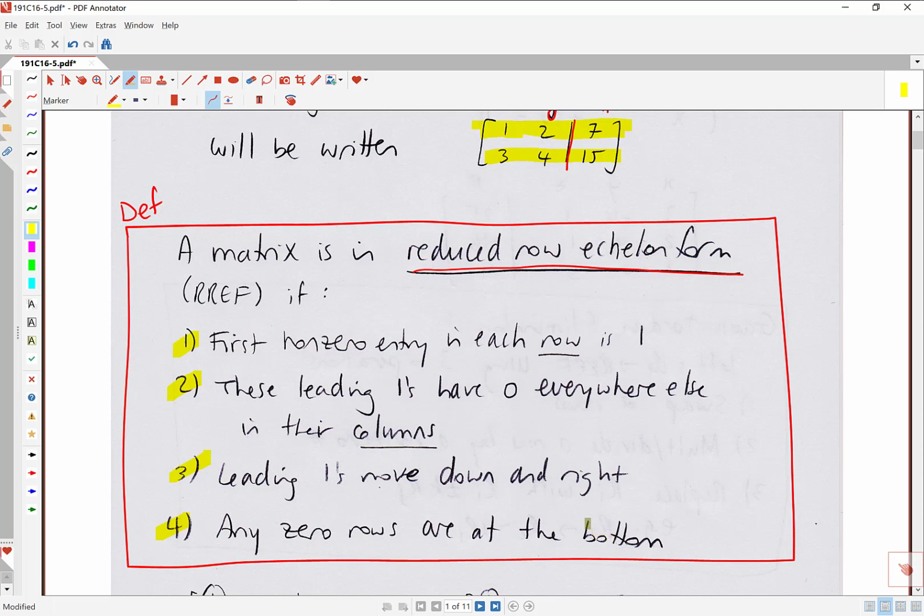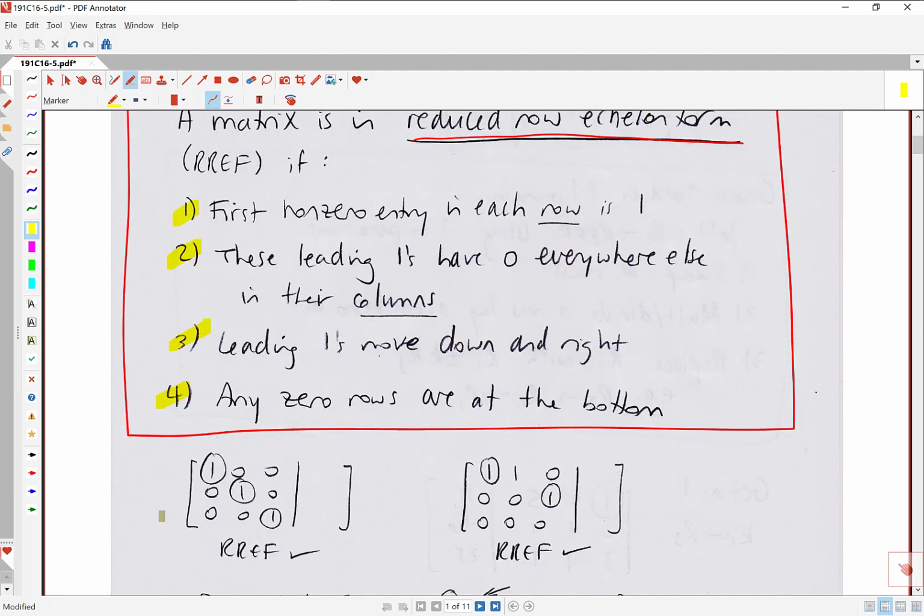So let's look at some examples of matrices that are in RREF and some that are not. So classic example of a matrix that is in RREF is just your identity matrix. Now, when we talk about RREF, we're only concerned with what is on the left side of the vertical bar. So notice that I've just left the right side of the vertical bar empty.